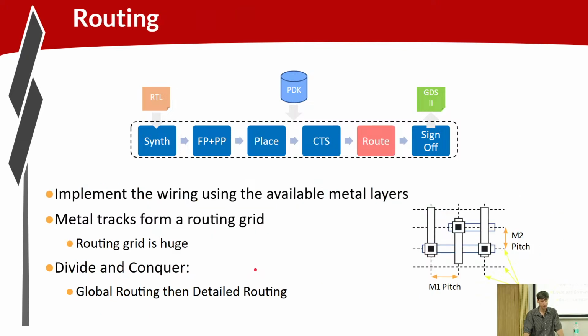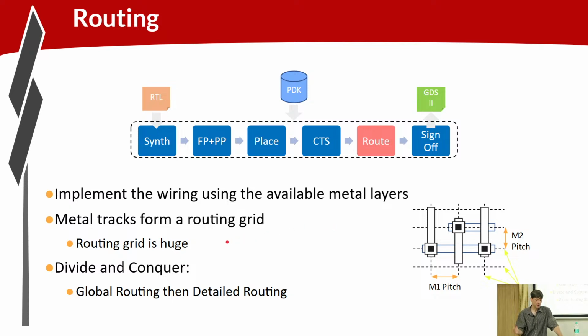So after clock tree synthesis, you sort of let the clock tree use some of the upper level metals and then do the more detailed routing with what's left. So detailed routing is connecting up all the individual cells, figuring out where do you need to use upper level metals versus lower level metals.